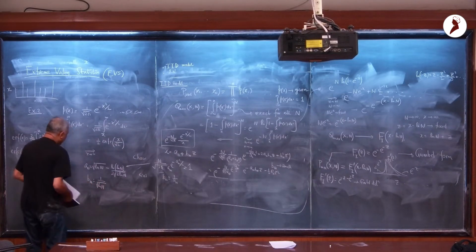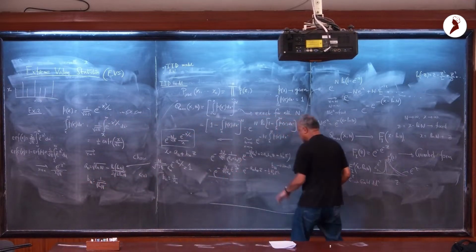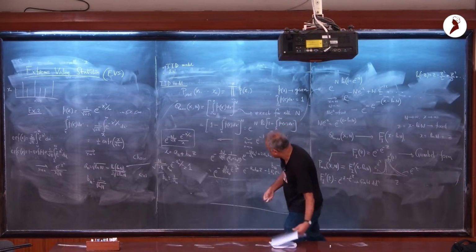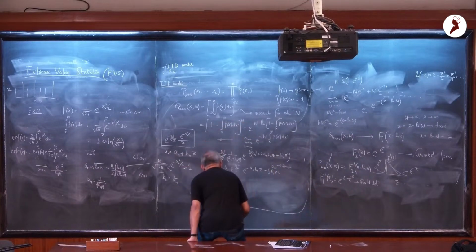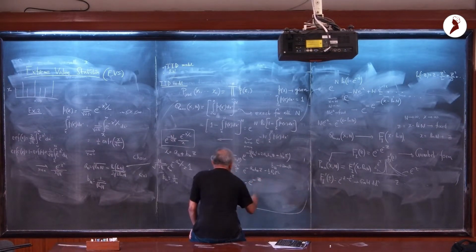So bn is indeed small, and you can check that the assumptions you made in neglecting this term are correctly justified. And you can see that this is also small, so you can throw it away. So essentially, if I make this choice of an and bn, then in the limit n goes to infinity, it again goes into Gumbel form.